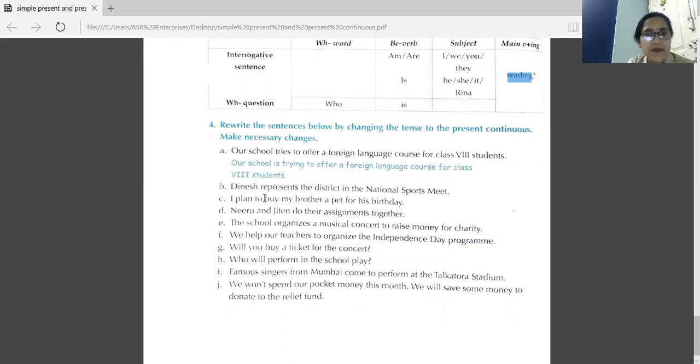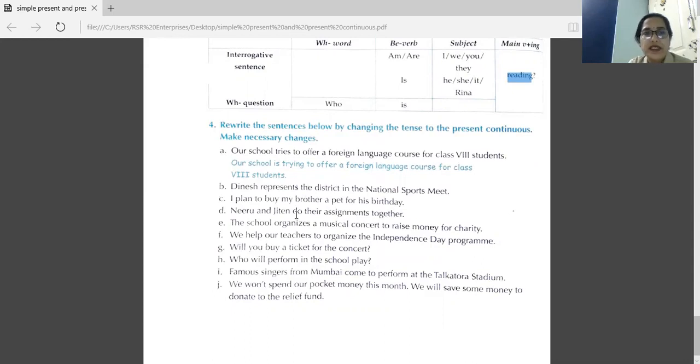See the second one. Dinesh represents the district in the national sports meet. The verb is represents. It is simple present. We have to change it to present continuous. So your answer is: Dinesh is representing the district in the national sports meet. Third: I plan to buy my brother a pet for his birthday.